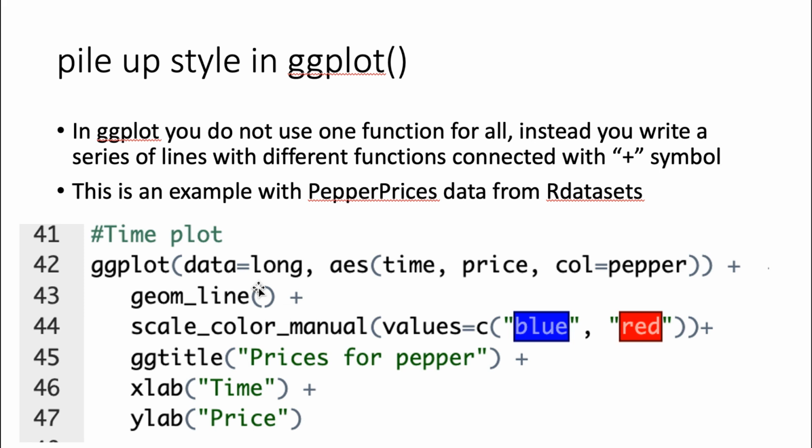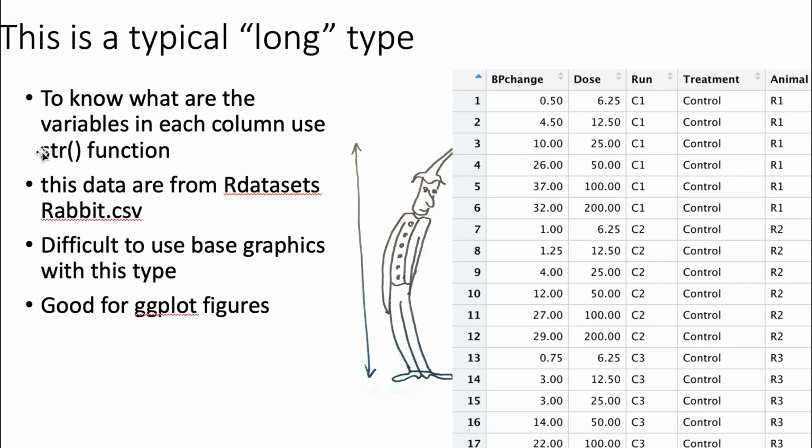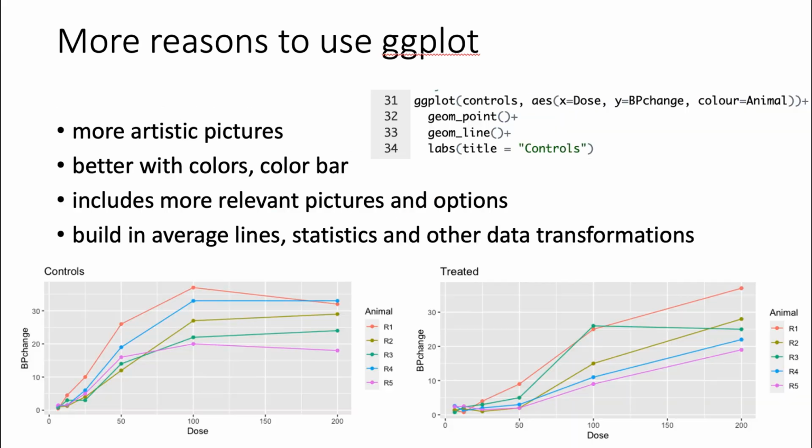This is a particular example for paper prices. There will be another video for it. That's the real case. What happens then is that the table, which seems to be impossible to illustrate with the base graphics, can be easily illustrated by ggplot. Again, literally, you read that rabbit's table, you say what is for X, for Y, what is for color, which is actually not a color, but it is a separator by which column you separate your data by animal.